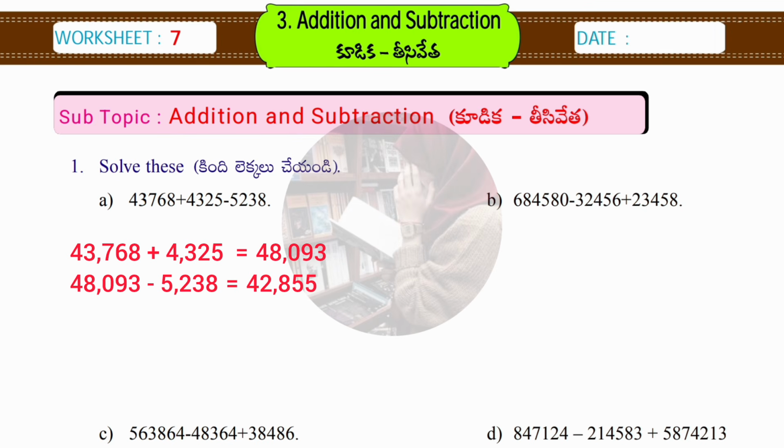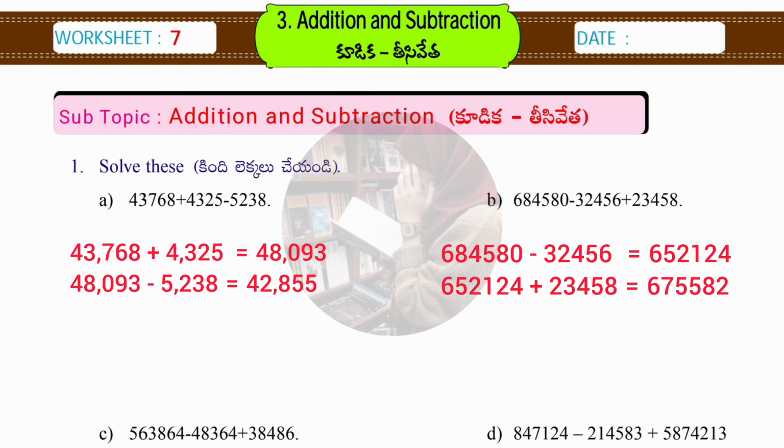So the second one is 6,84,580 minus 32,456 plus 23,458. What I told you, you have to pick the first two numbers first and do the operation given. So 6,84,580 minus 32,456 is equal to 6,52,124.